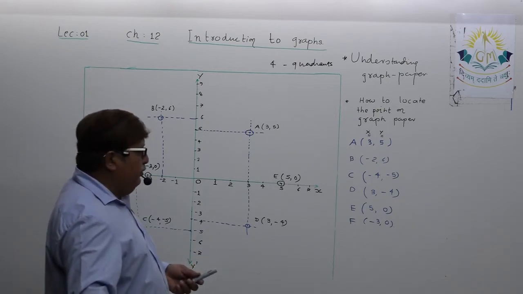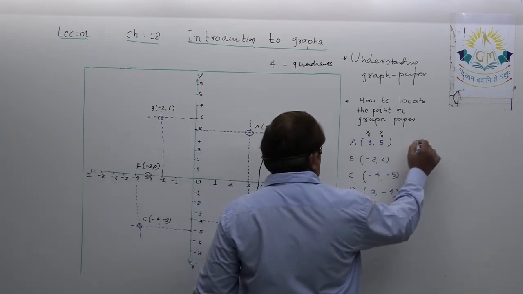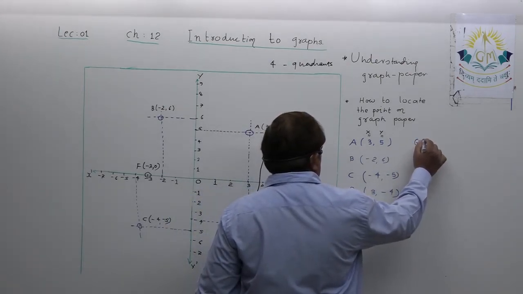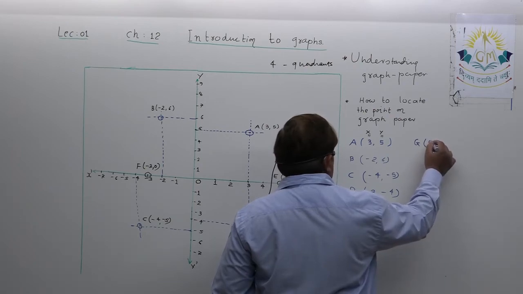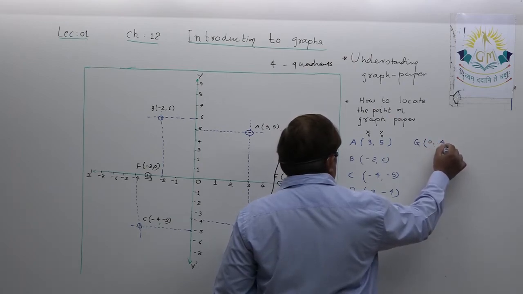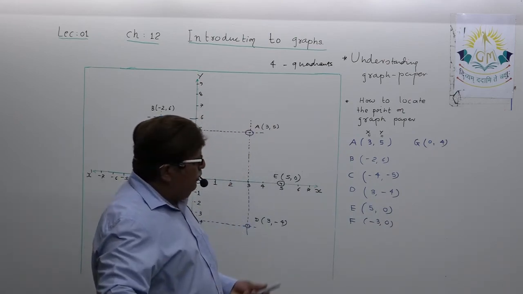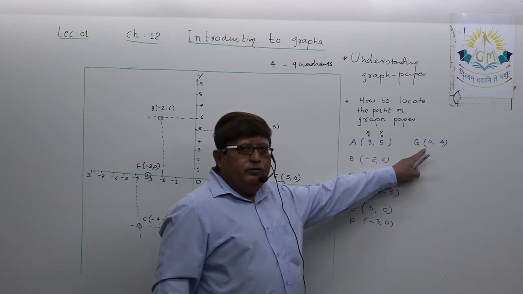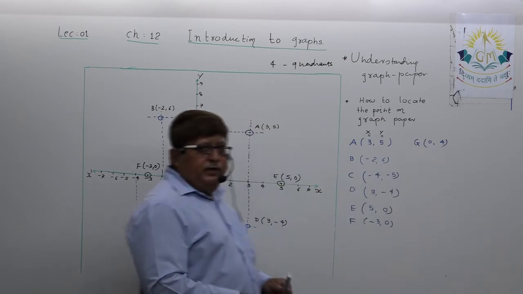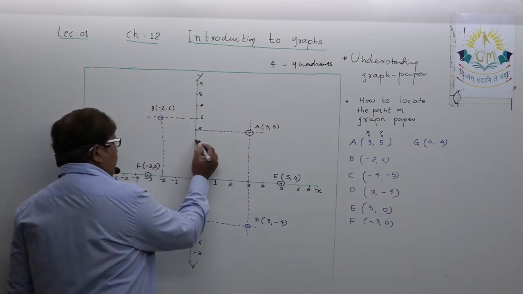Okay. Suppose, dear student, one more point let us take. Suppose G (0, 4). Can you guess before me? X coordinate is 0, so you do not have to worry about the x coordinate. Y coordinate is 4. So where is the y coordinate 4 here?